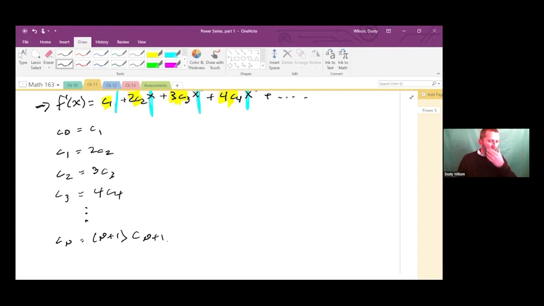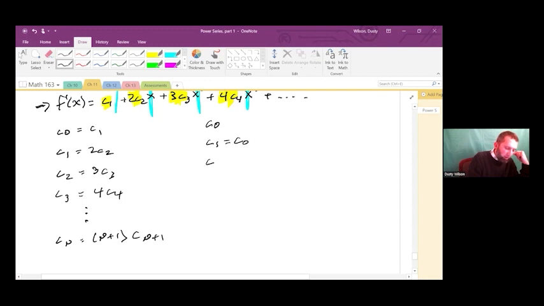Okay, let's see if we can understand where to go from here. Let's see if we can put everything in terms of C naught. So if we want to put everything in terms of C naught, notice we're going to start with C naught, and then we know that C1 also is the same as C naught.